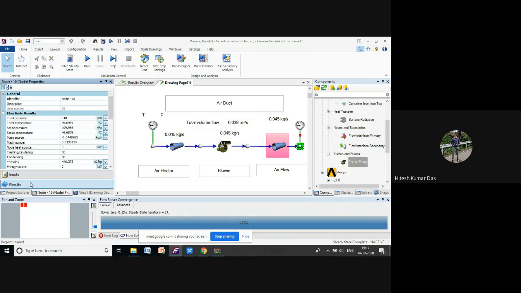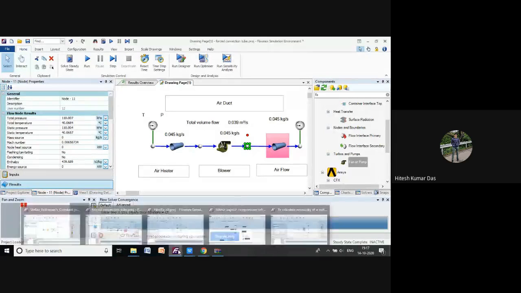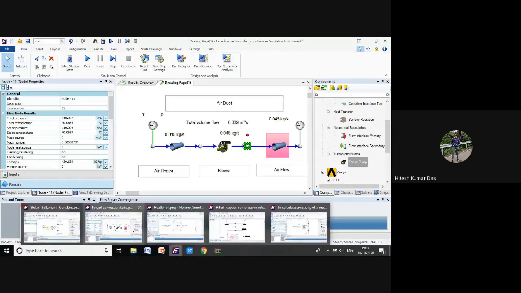Just click on it, and you can go to the result tab. In the result tab you can see the total temperature as 46.6989 degrees Celsius. Here also you can see the same in the result. The temperature is 40, meaning this difference of temperature we need to take in the problem statement.